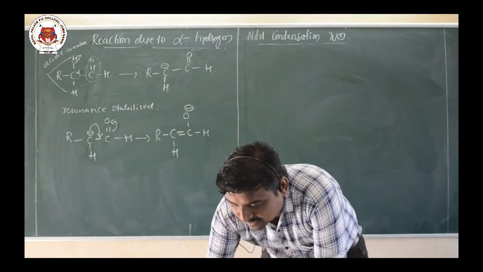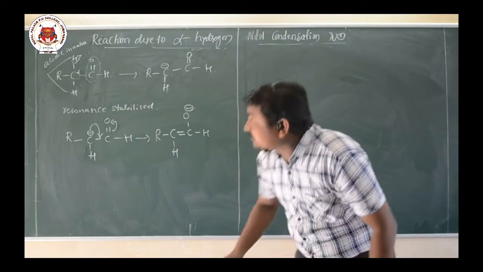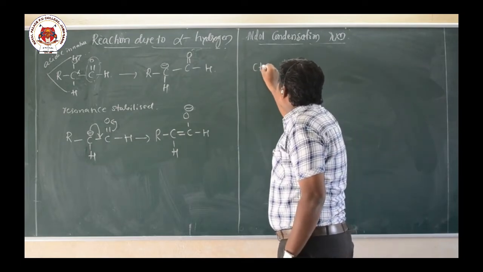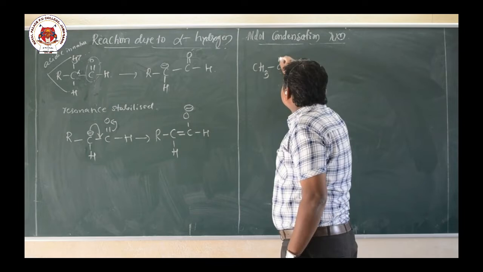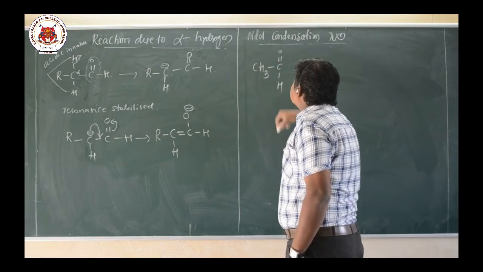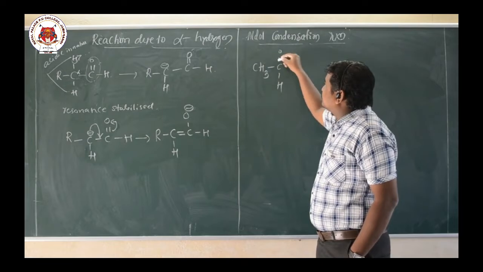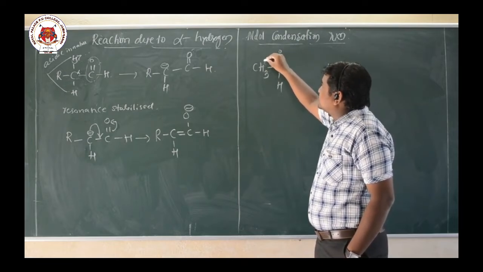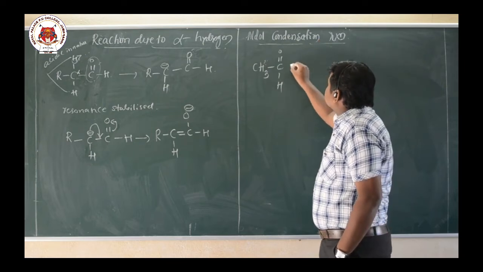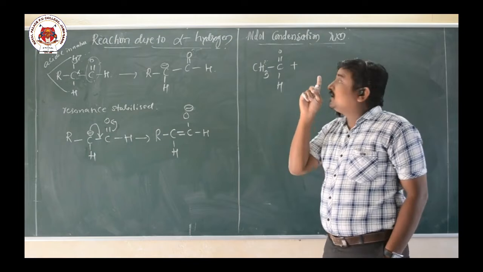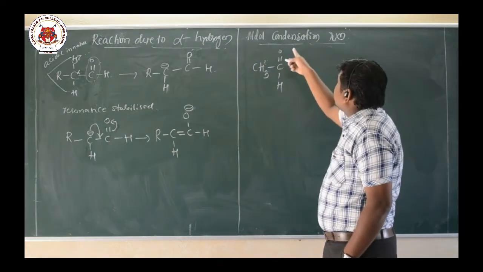Now here I will take one example for the aldol condensation reaction: acetaldehyde. Here also there is the presence of acidic hydrogen. The carbonyl carbon's next carbon has hydrogen atoms, and these are the acidic hydrogens. Due to the presence of acidic hydrogen only, aldehydes or ketones undergo aldol condensation reaction.